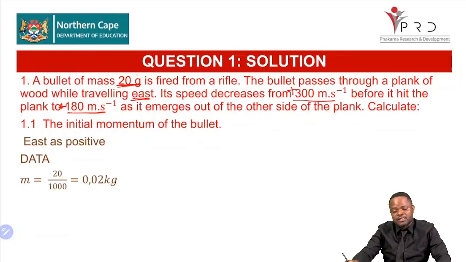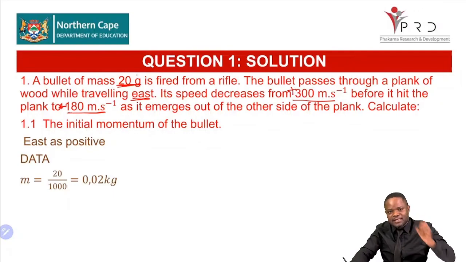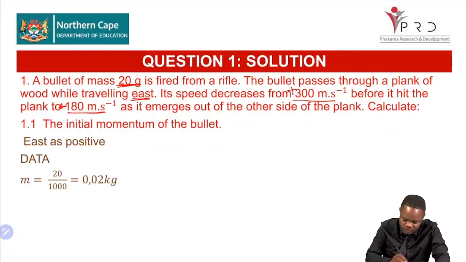Remember, when we're dealing with momentum, our mass has to be in kilograms. So we change our 20 grams. I hope we didn't forget to convert our mass to kilograms. Don't make that mistake. Ensure that you change your mass to kilograms.